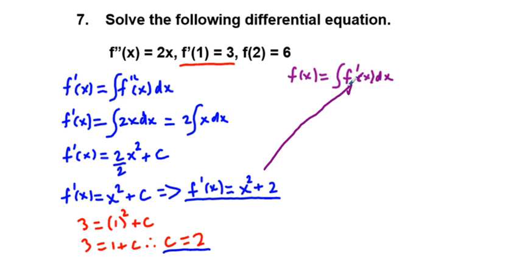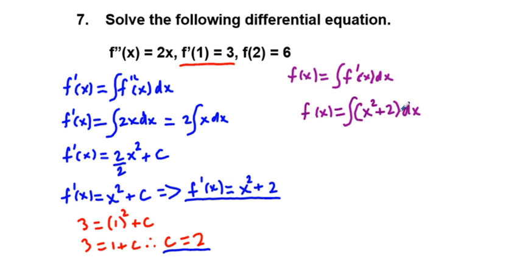So we can replace f prime of x in this equation up here in purple with this x squared plus 2. So I'm going to erase the arrow here. In doing that, we'll say that f of x is equal to the integral of x squared plus 2 dx.